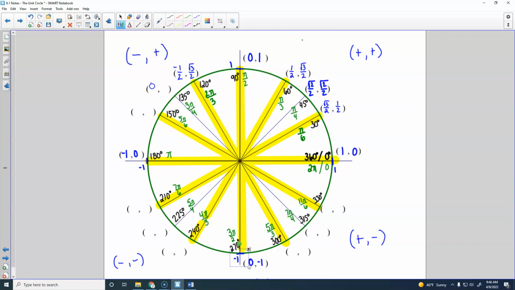Same thing for our square root of 2 over 2 and our square root of 2 over 2. It just transfers over here. We're reflecting it over that y-axis right here, which means our x coordinate will now be negative. Same thing here, square root of 3 over 2, 1/2, but now our x coordinate is negative.